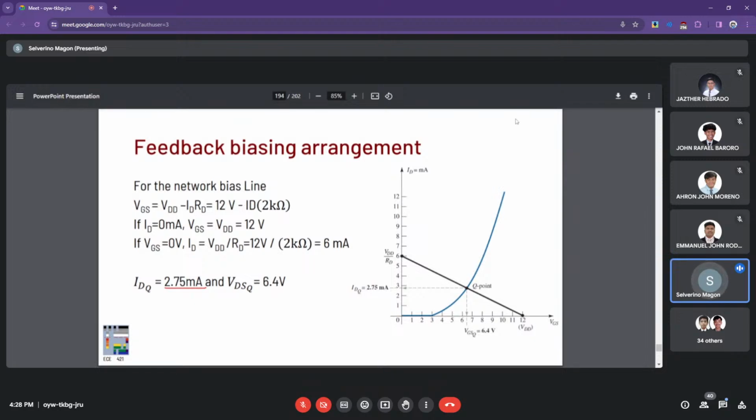And so the max for the VGS is your VDD supply, no, at 12 volts. So plotting that load line, then you can have the intersection of the exponential with the load line, and that's your Q point at 2.7 milliamps and 6.4 volts, no, for the Q point.